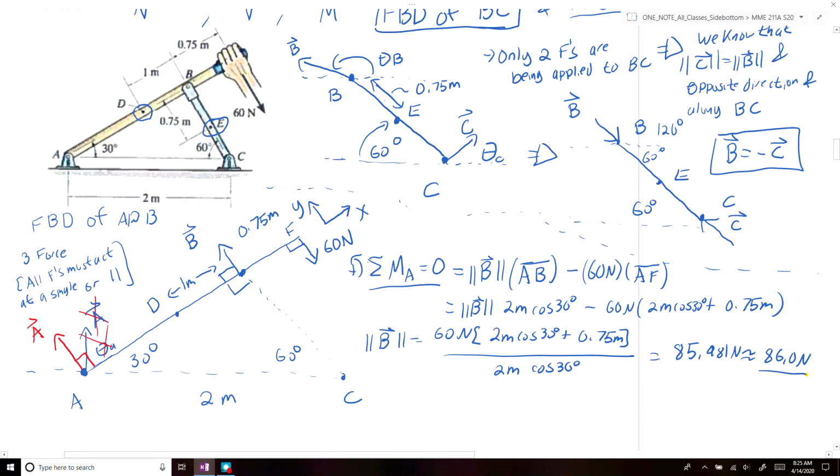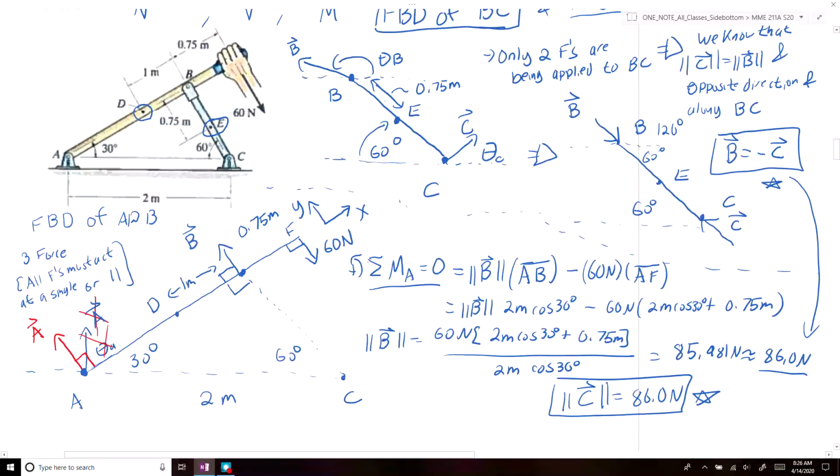Right. So if we look back at our other free body diagram here, we know that the magnitude of C is going to be equal to 86.0 newtons as well.